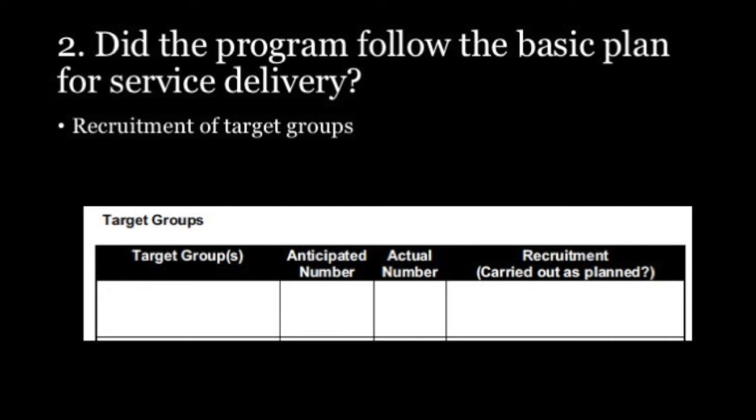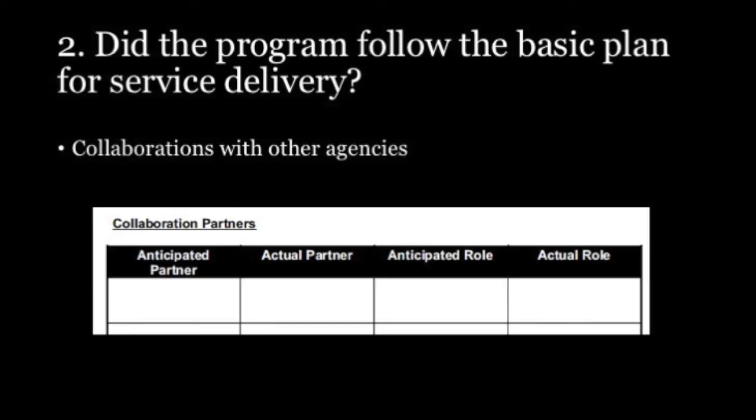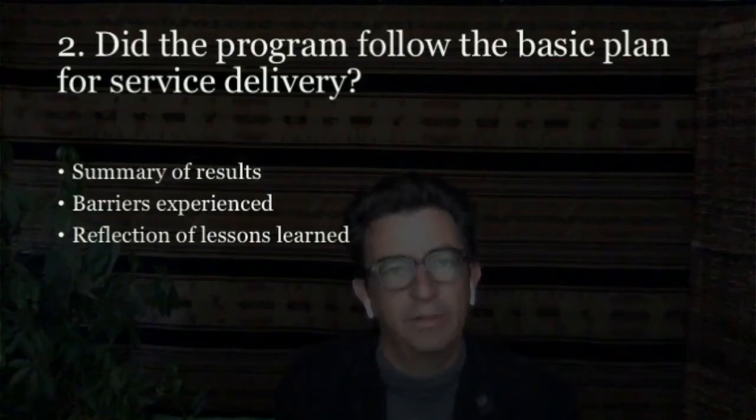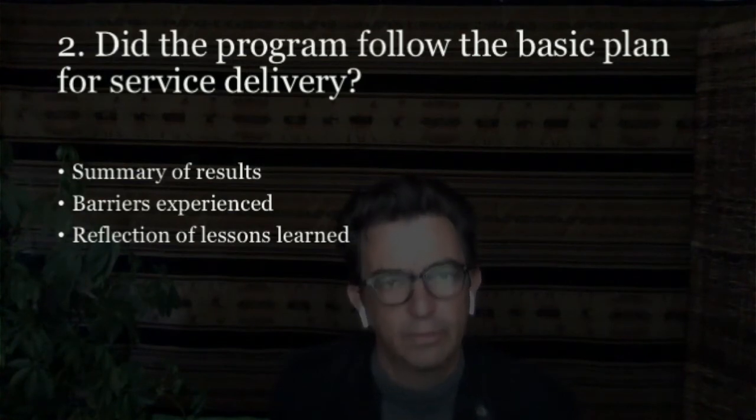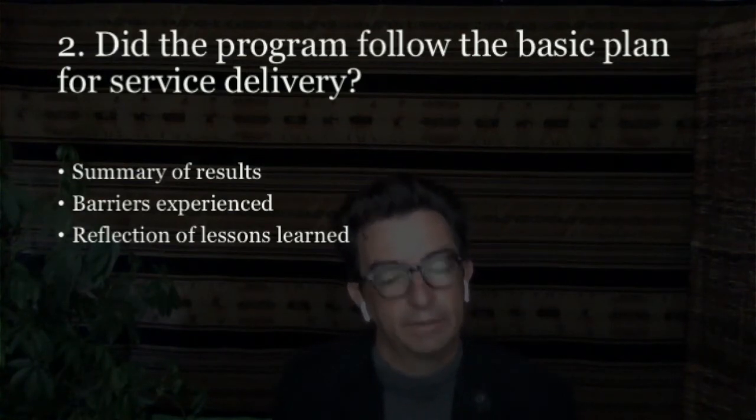And then you should also make a list of all the partnerships you wanted to have and assess whether you got them or not. And at the end of this section, you should always have a summary of results and an analysis of what barriers you encountered, and the lessons learned.